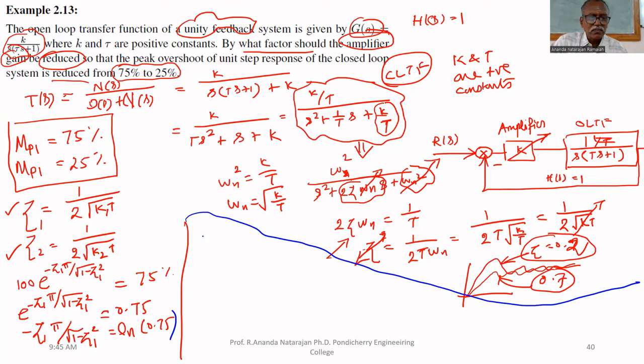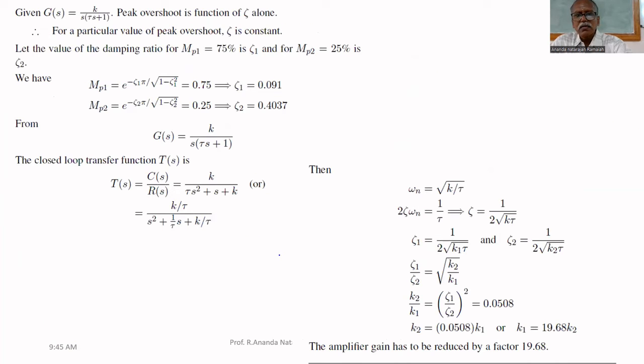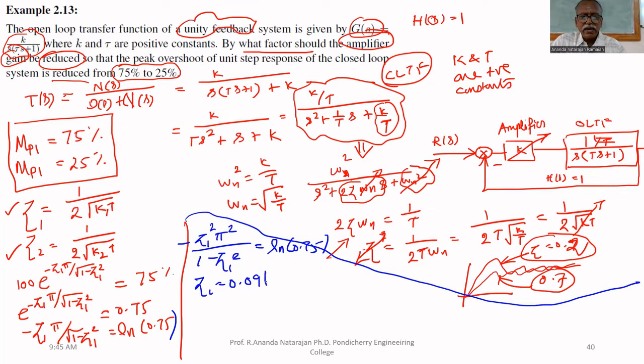This implies zeta 1 square pi square upon 1 minus zeta 1 square equal to ln of 0.75 with the minus sign, so the minus sign gets cancelled. Therefore, zeta 1 equal to 0.091. Similarly, we can find zeta 2.